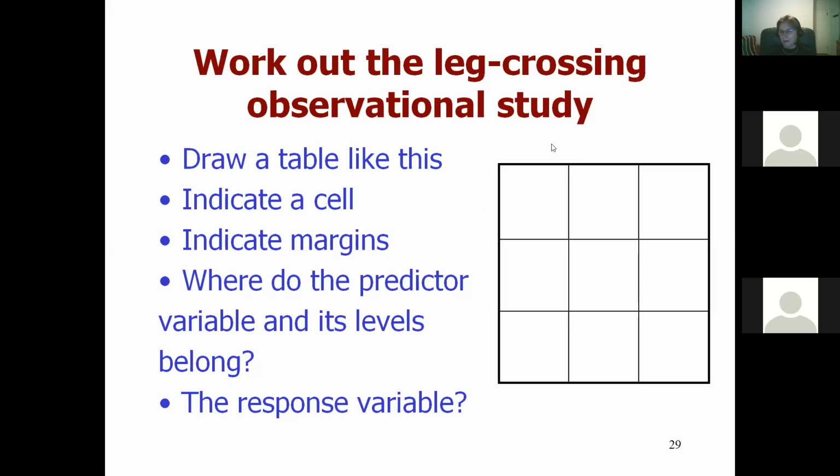Again, either at the top or at the side. Okay, I'm going to give you a couple of minutes to create your table, create your skeleton of a table. We haven't filled out the cells yet.